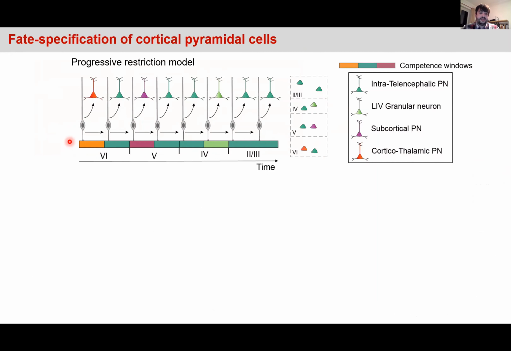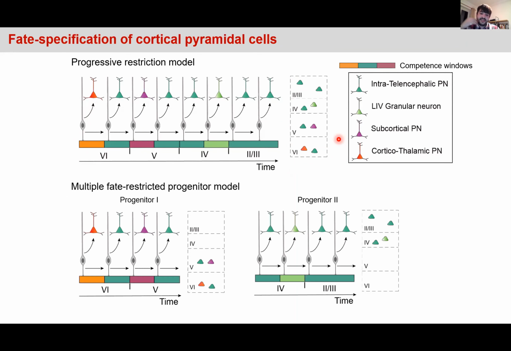In each of these competence states, they will be competent to generate a specific type of excitatory neuron. Therefore, the transition of individual radial glial cells across these different competence windows, along with developmental time, will allow them to generate the entire set of pyramidal cell types that populate the adult mammalian cortex.